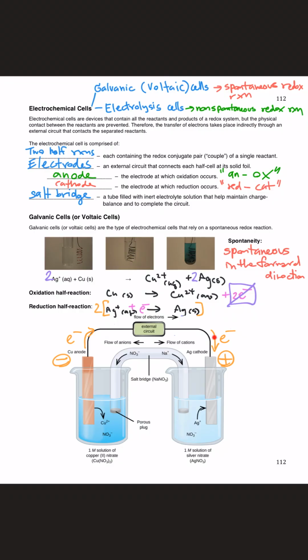As the electrons travel to here, this silver ion will accept the electron, and it's going to become silver solid, right? So silver solid will start to deposit on this side of the reaction. And over time, the concentration of the silver ions will deplete, right? Because the silver ions now become solid. Therefore, silver ions, Ag+, will deplete.